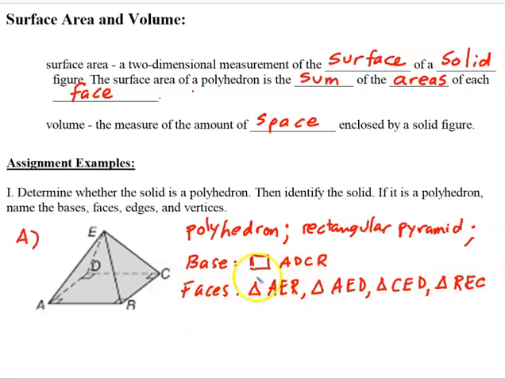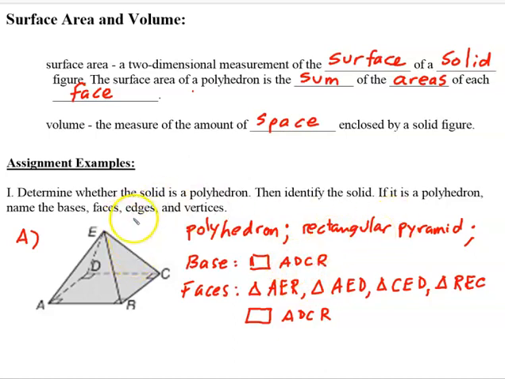And the base also counts as a face, so I just want you to be aware of that. So ADCR. Those are all the faces. One of the faces, or could be two, depending on the shape, would also be considered bases.